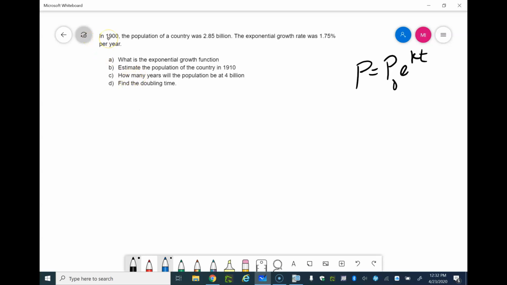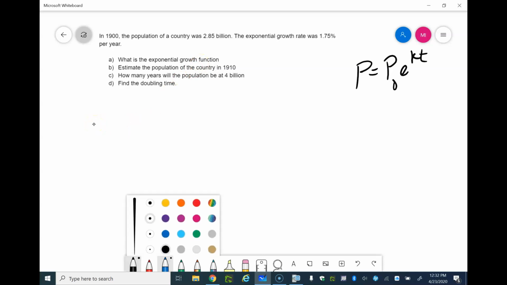In 1900, the population of a country was 2.85 billion. This is the initial, what we started with. We don't have to add any zeros to billion, you can just use 2.85 as your initial. The exponential growth is 0.175% per year. What is going to be the exponential growth function?